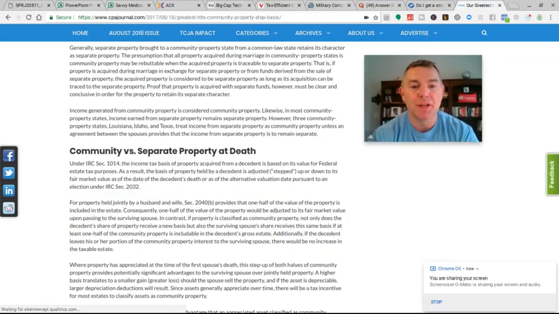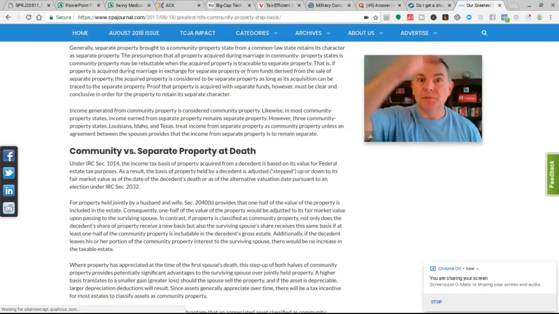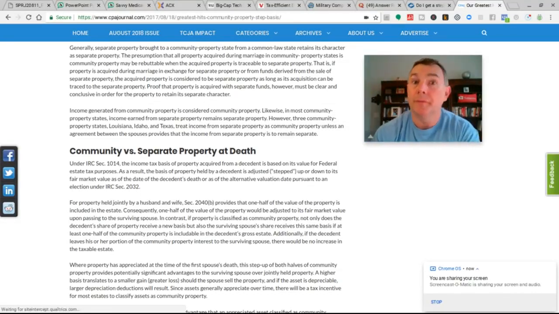This is huge. I'm going to read it again. In contrast, if property is classified as community property, not only does the decedent's share of the property receive a new basis, so the decedent, I die, my wife is Charlotte, Josh dies. My share of the property, my $250,000, steps up to the $500,000 fair market value.